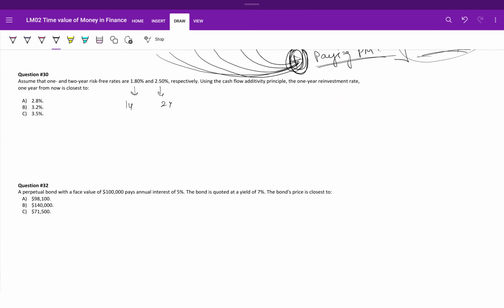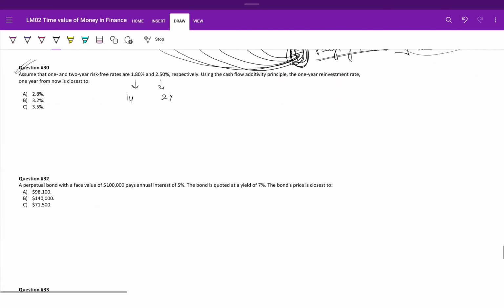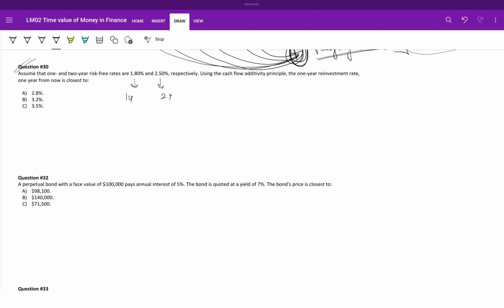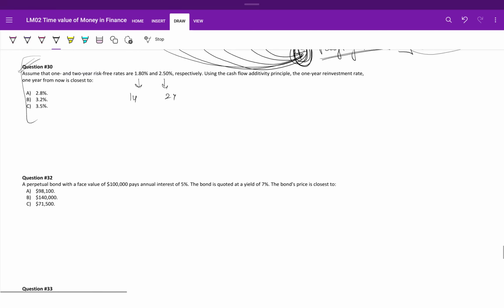We have not discussed cash flow additivity as of now, so I think this question was placed in this LOS mistakenly. Okay, let's move to the next question. We will discuss cash flow additivity when we get to it. So I'm going to make a note of this.